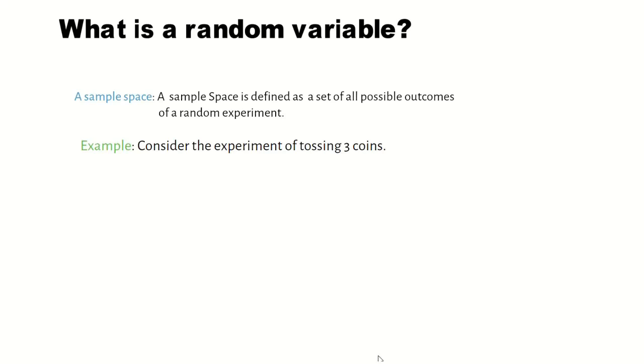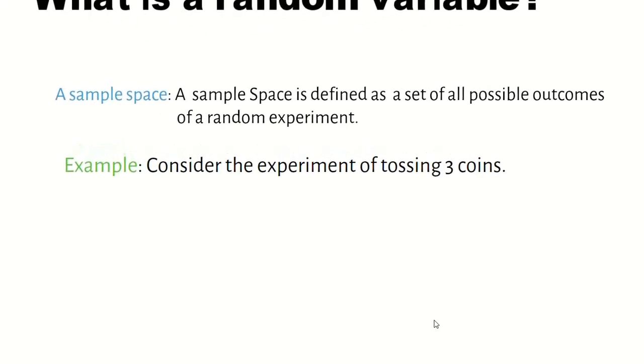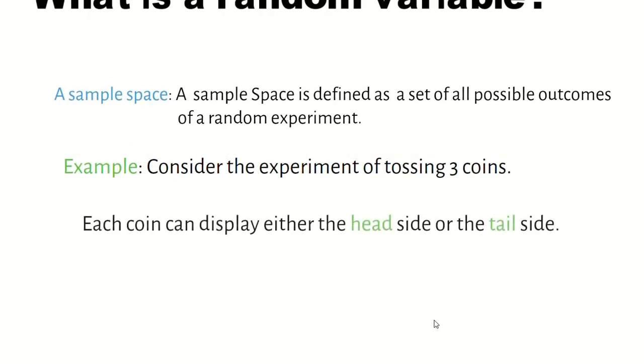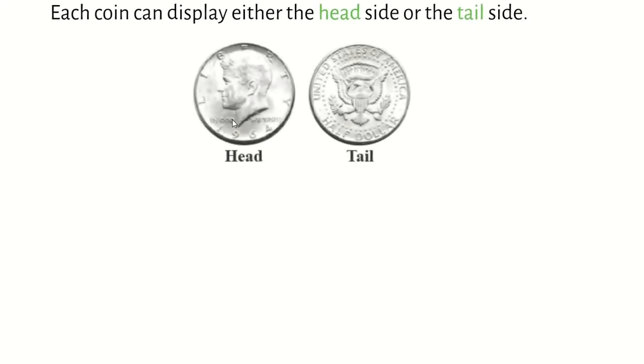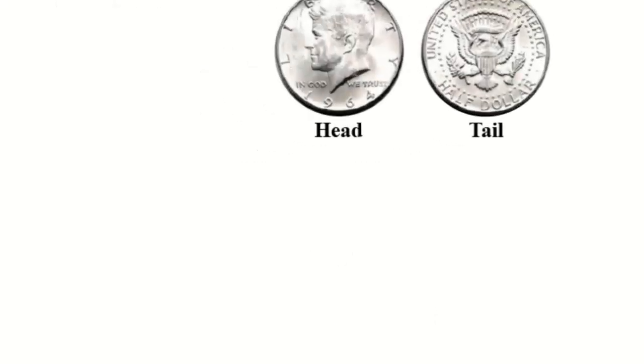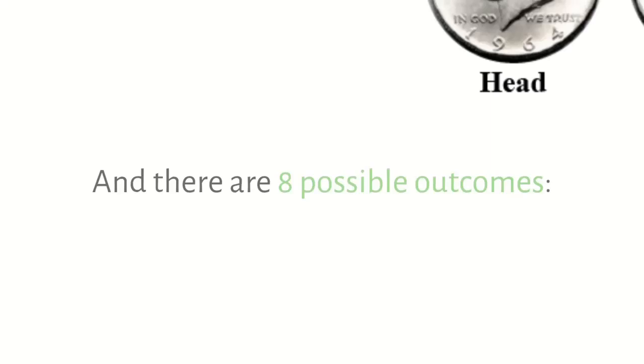As I have been saying, if we toss a coin, there is a possibility of getting either a head or a tail. But if we toss 3 coins, there will be 8 possibilities, 8 outcomes. But what are those outcomes?